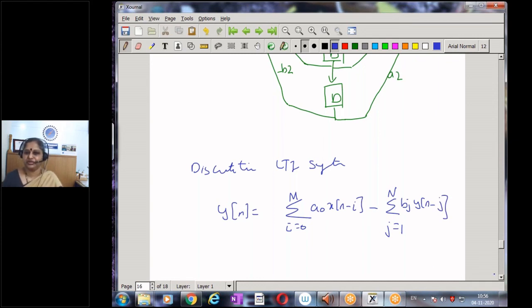So this is the constant coefficient difference equation for representing any LTI system.